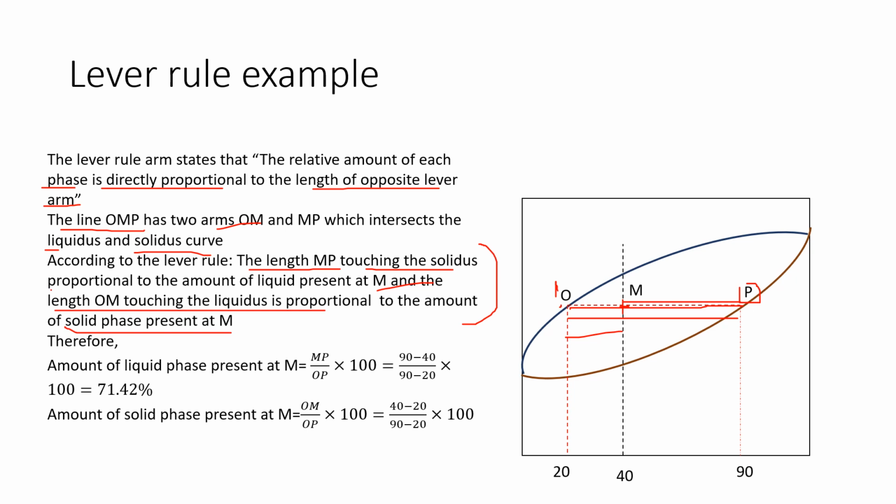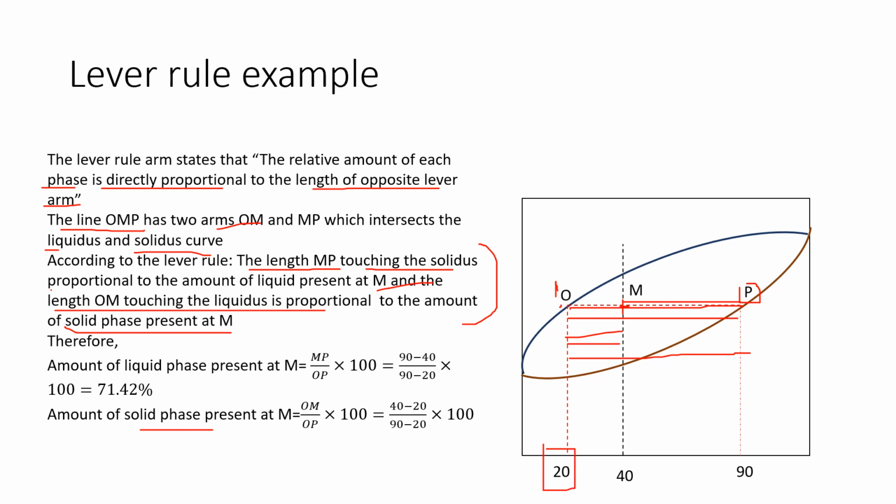For the solid phase, we start from the solid point, and for the liquid phase, we start from the middle point. The division will be the same, OP. For the solid phase, the amount at M will be OM divided by OP, multiplied by 100 so that we get the percentage amount.